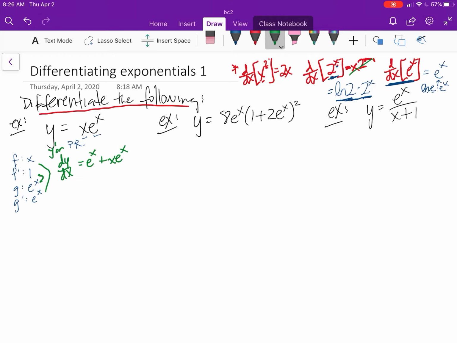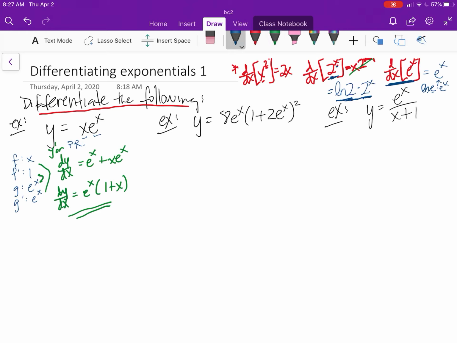Many of these, it's a good habit, this answer's fine, don't get me wrong, but it's a good habit to start to factor, because say I had asked when is the derivative equal to 0, right? When is there a horizontal tangent line? Well, to solve this, we'd need to set it equal to 0, and hence we'd need to factor out this e to the x anyways. So either answer is fine now, but if we're doing anything else with this function, you're going to end up needing to factor it anyways.